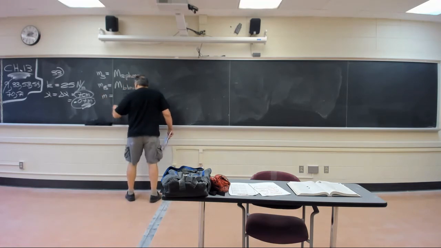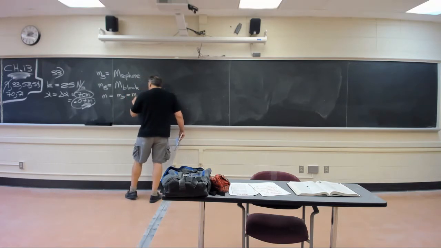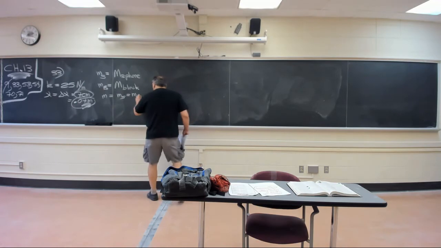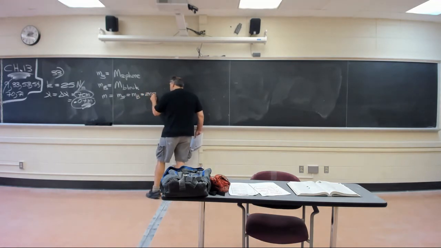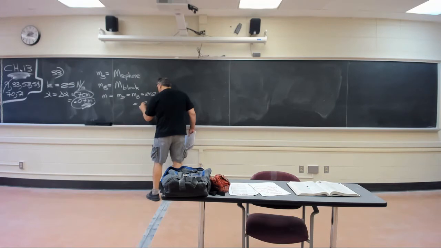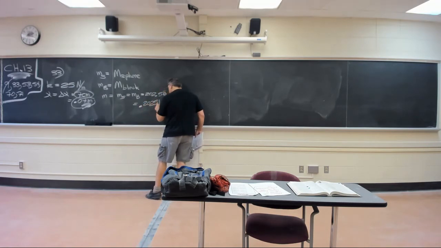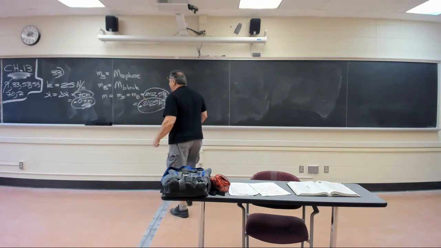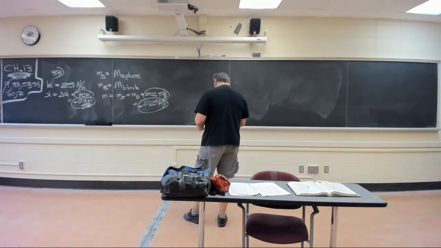Let's say m, generically written like that, is the same as m sub s, is the same as m sub b, is equal to 202.5 grams. All right, there's a lot of symmetry in a sense in this whole situation.